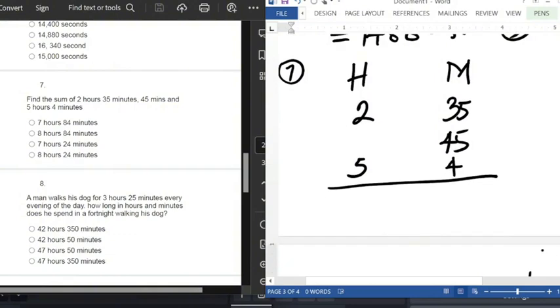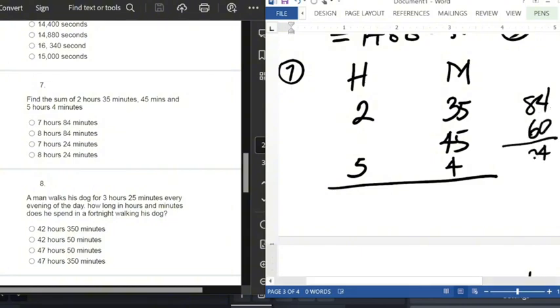Now, the first thing we need to do is add the minutes column. So 35 plus 45, that is 80, plus 4, that's going to give us 84. So the 84 is more than 60 minutes, because once you reach 60, you move from the minutes column towards the hours column. So in that case, let's remove 60 from here.